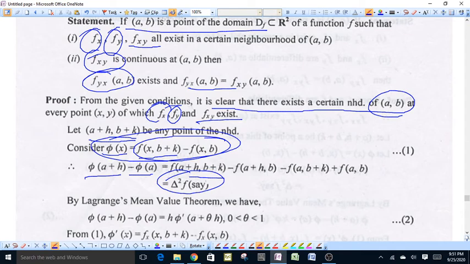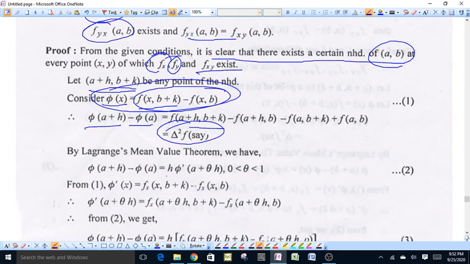Then by using Lagrange's mean value theorem, we have phi(a+h) - phi(a) equal to h times phi dash (a + theta h), where theta is a number between 0 and 1.